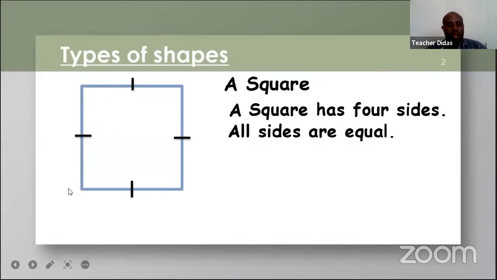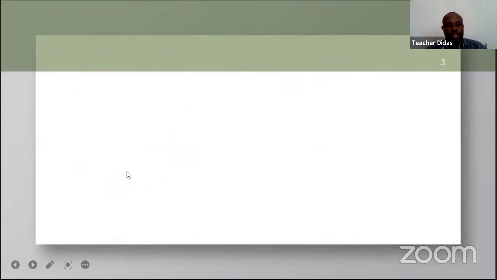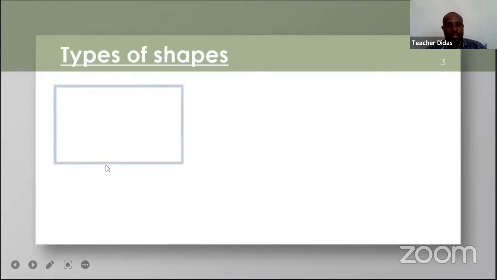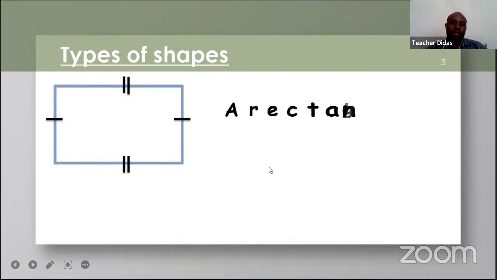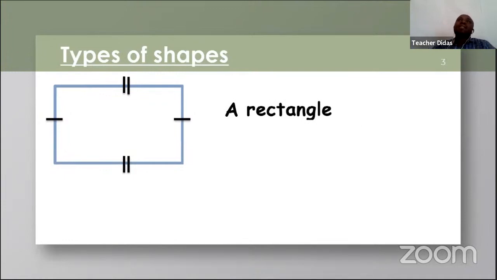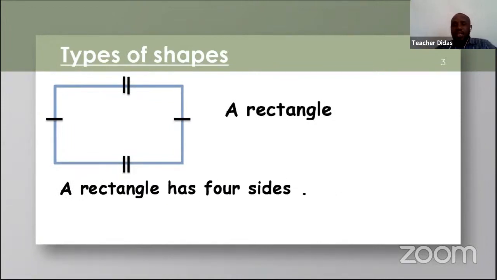But when you look at the square, it also has four sides. 1, 2, 3, 4. But two opposite, this one is opposite to this one. They are equal. Then this one is opposite to this one. They are also equal. So that's why we always put those two things. Therefore, the rectangle has four sides, and in a rectangle, the two opposite sides are equal. Okay.